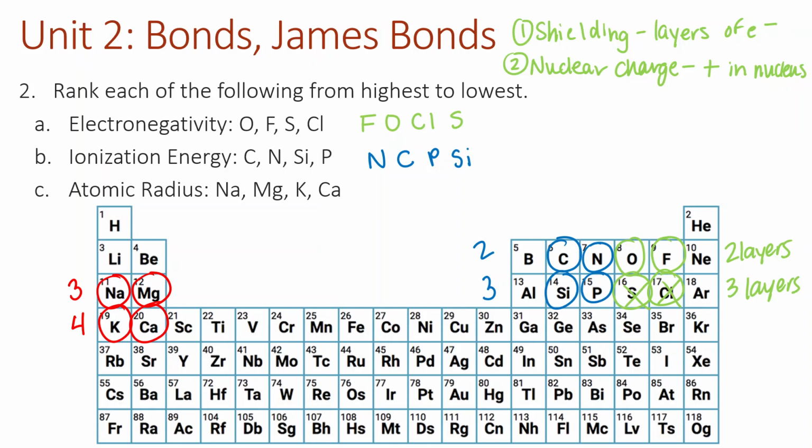So potassium is going to be a little bit larger because its electrons are not so strongly attracted to the nucleus as in calcium. So potassium, calcium, then between sodium and magnesium, sodium will be larger because it has only 11 protons, so the attraction is weaker and the electrons are not as close. And then the smallest atomic radius here would be magnesium.